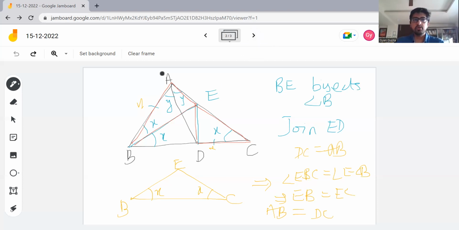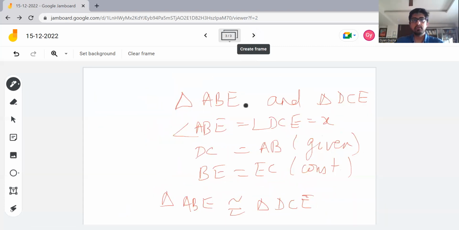Pay special attention to the way we have written it, because AB is equal to DC, BE is equal to EC, and these angles are equal.